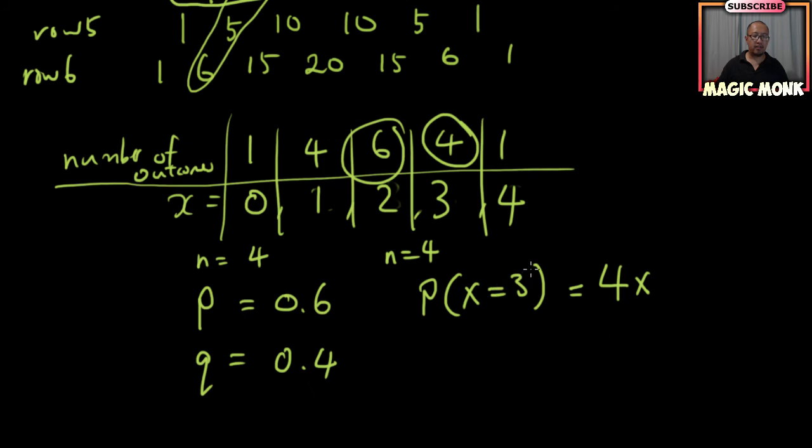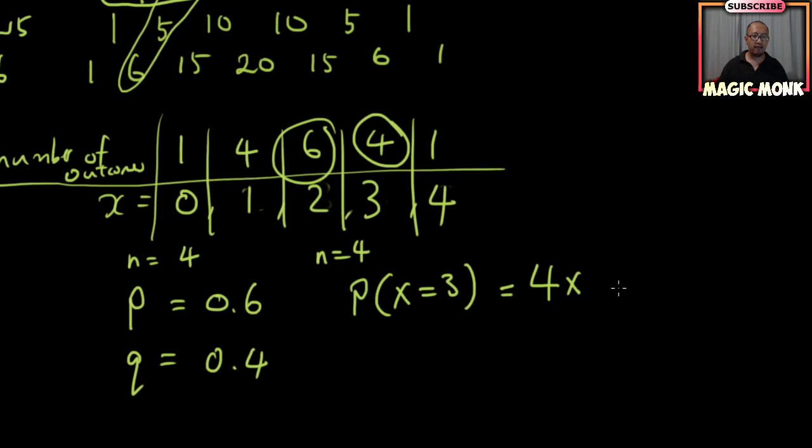Now, because there are 3 successes, you would have p to the power of 3, because you're going to go p times p times p, 0.6 times 0.6 times 0.6, and then you're going to times by q, aren't you? Right, so then it's 4 times p to the power of 3 times q to the power of 1.